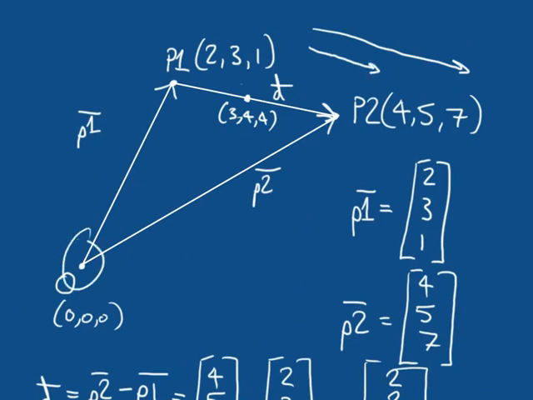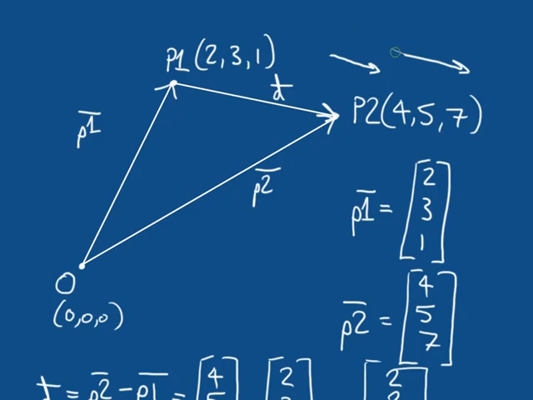That means if we travel from the origin along to p1 and then travel along half of what used to be d, we're going to end up halfway between the point p1 and the point p2. So because we used the parameter value t is equal to 0.5, we ended up here halfway between p1 and p2. So let's try that with some other parameters.